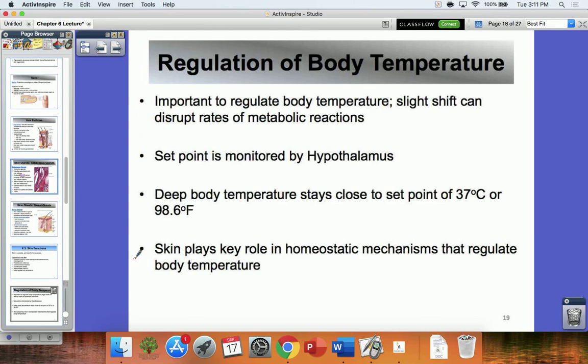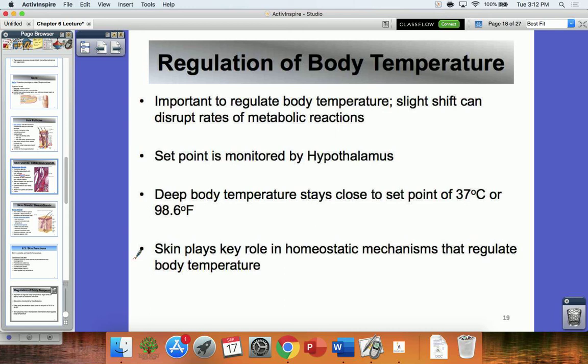So, I've mentioned this a few times already, but if we are too hot or if we're too cold, of course, it's not just the skin that's working. It has to be something that's actually sensing that. So we have sensory receptors that are sensitive to temperature on the skin. But the skin just can't make the decision on its own to dilate or constrict blood vessels.